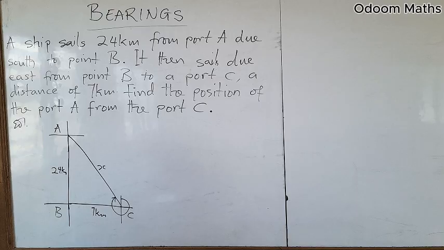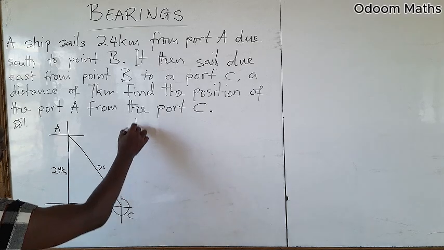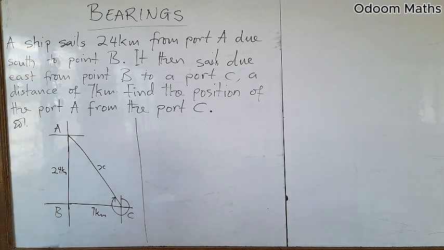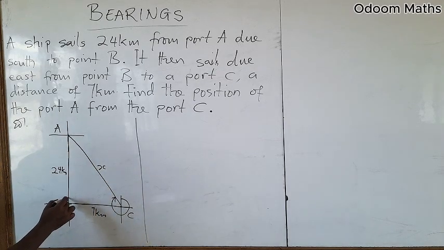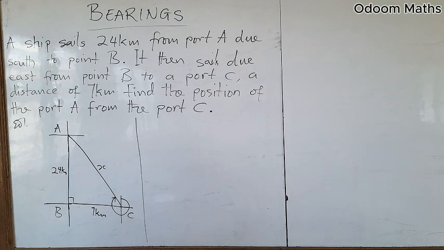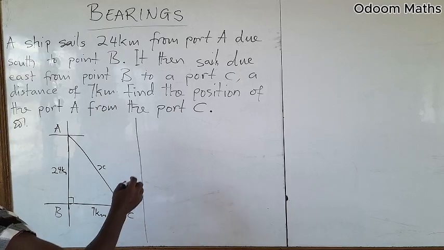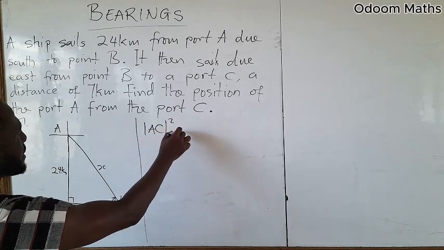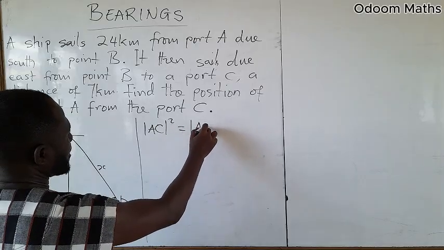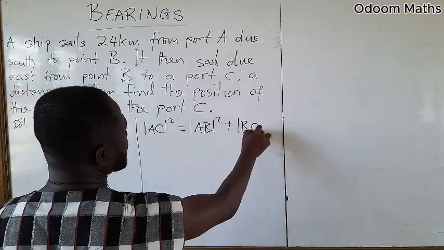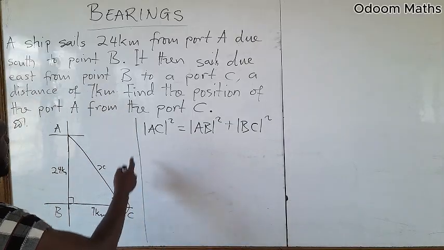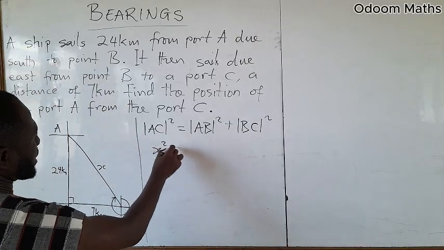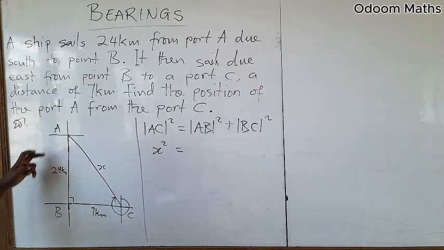Let me use the Pythagoras theorem to get my X, the distance AC first. So this is exactly a right angle triangle. This is my 90-degree symbol. So per what I've drawn here, line AC squared is equal to AB squared plus BC squared. AC has been indicated as X squared, and AB is known to be 24 kilometers.